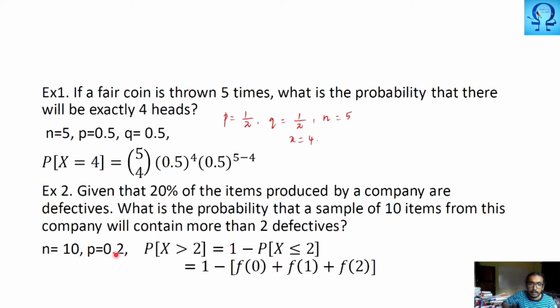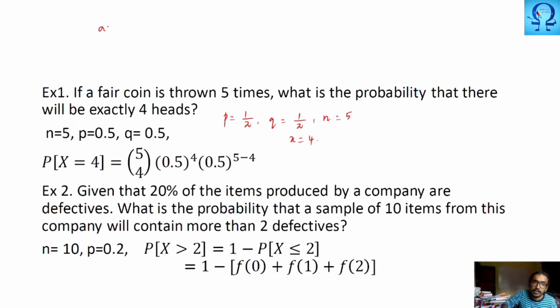So the probability is 0.2 and we have 10 samples, right? We are asked to calculate more than 2 defectives, not including 2 defectives. We are not asked to calculate at least 2 defectives. It is given more than 2 defectives. So we have to calculate the probability P of x greater than 2.